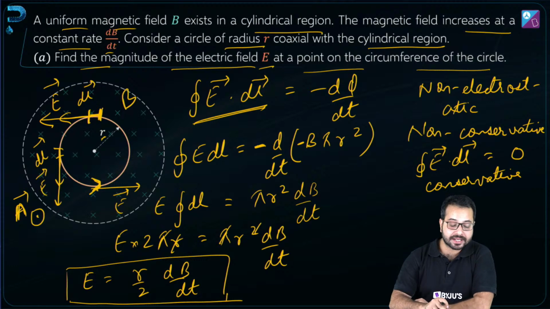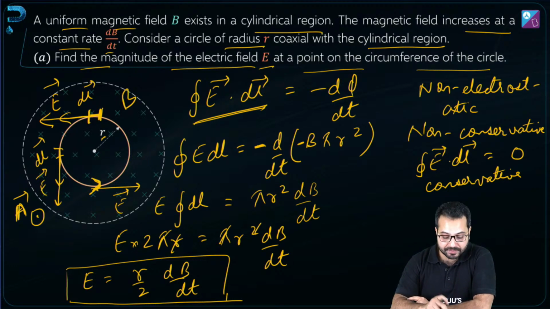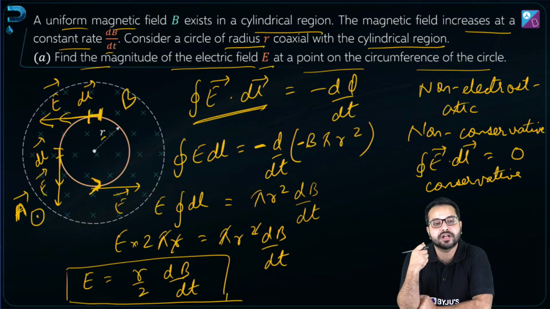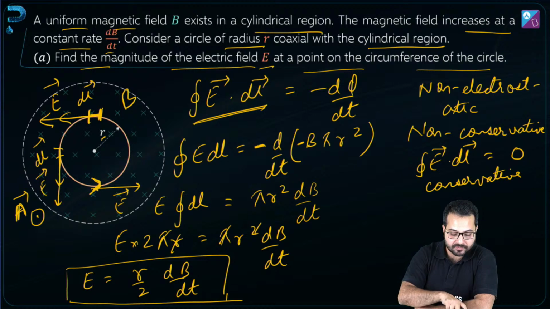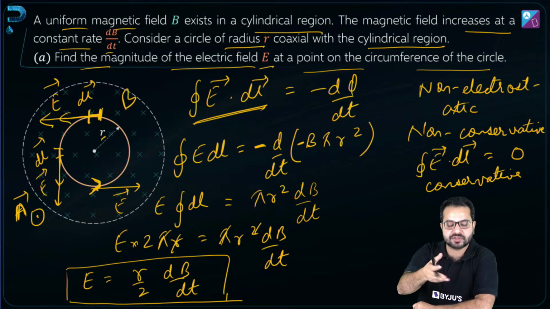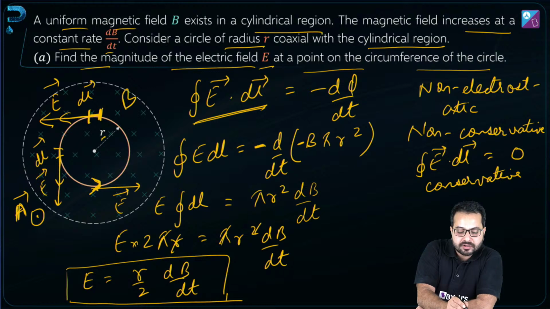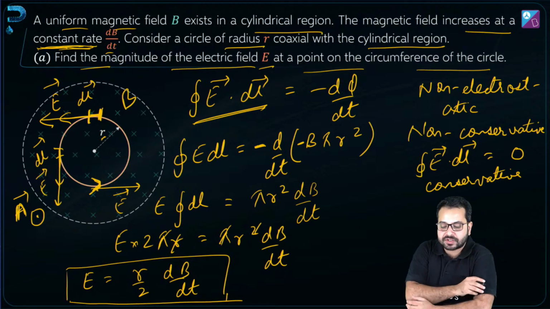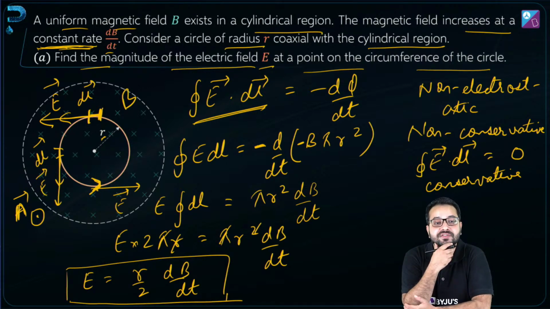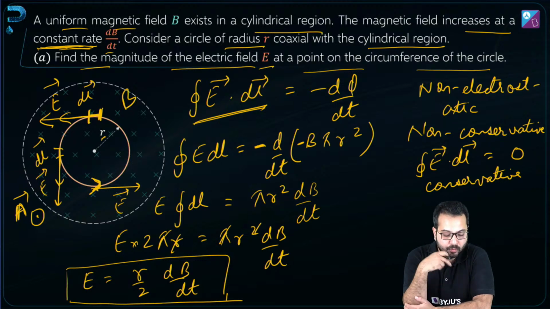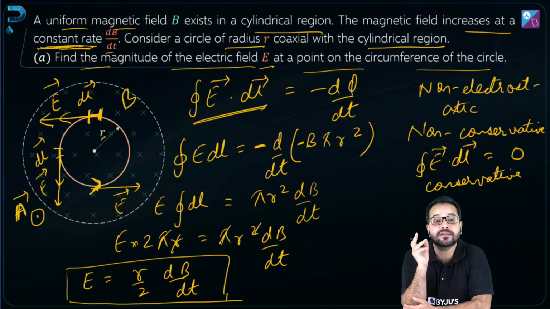Now the direction of the electric field will depend on whether dB/dt is positive or negative. If dB/dt is increasing, which is given in the question, which says it increases at a constant rate, then dB/dt is positive, which means E comes out positive, so the direction I have chosen is correct.